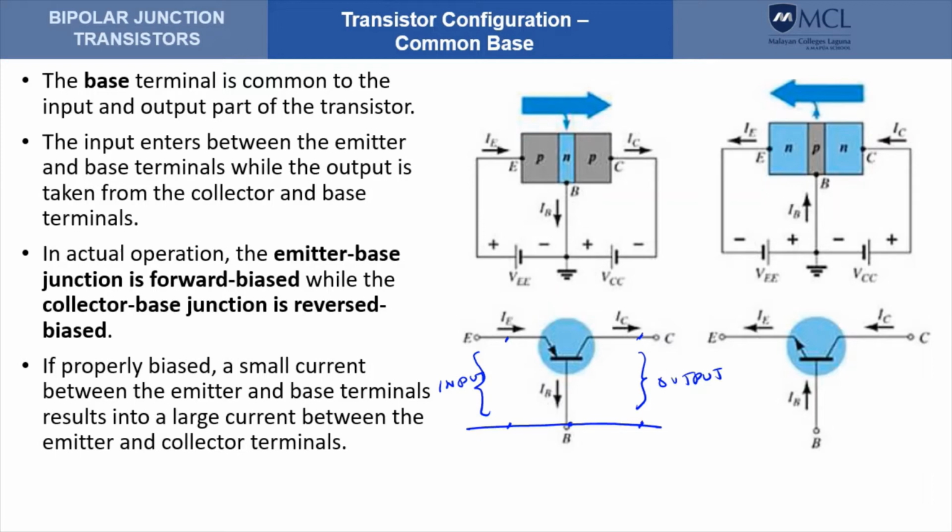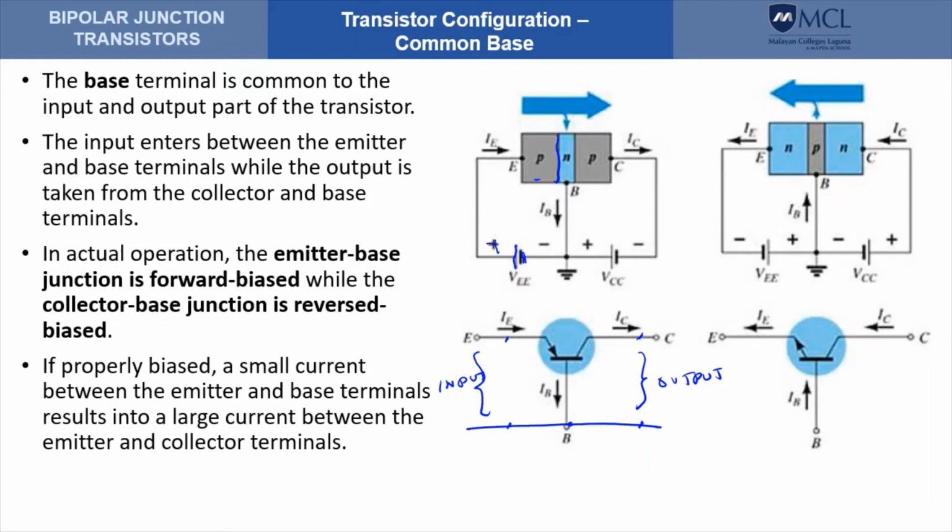In actual operation, the emitter base junction, which is this one, is forward biased. So in this picture here, the voltage V sub EE is forward biasing the emitter base junction because the P-type material is connected to the positive, and the N-type material, which is the base, is connected to the negative of V sub EE.